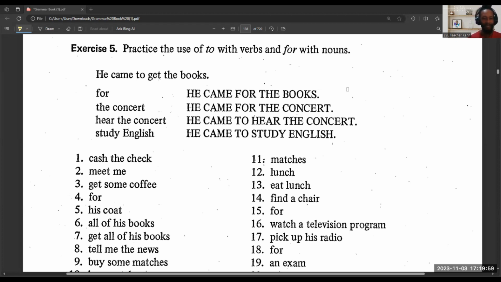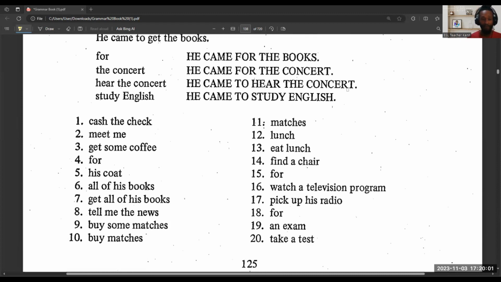All right. How about meet me? He came to meet me. Repeat. Get some coffee. He came to get some coffee. For. He came for some coffee.